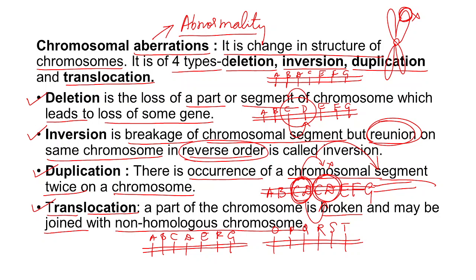What happens in case of translocation? A part of the chromosome is broken. For example, C, D, E will be broken.